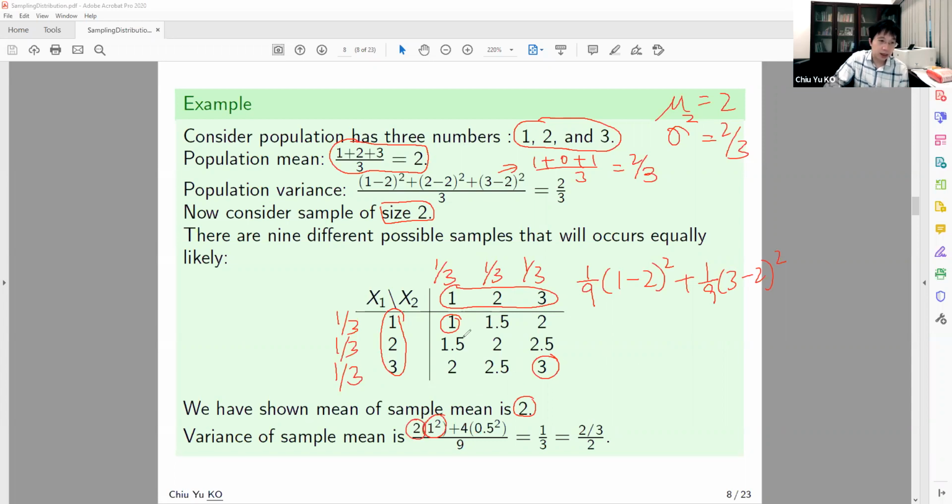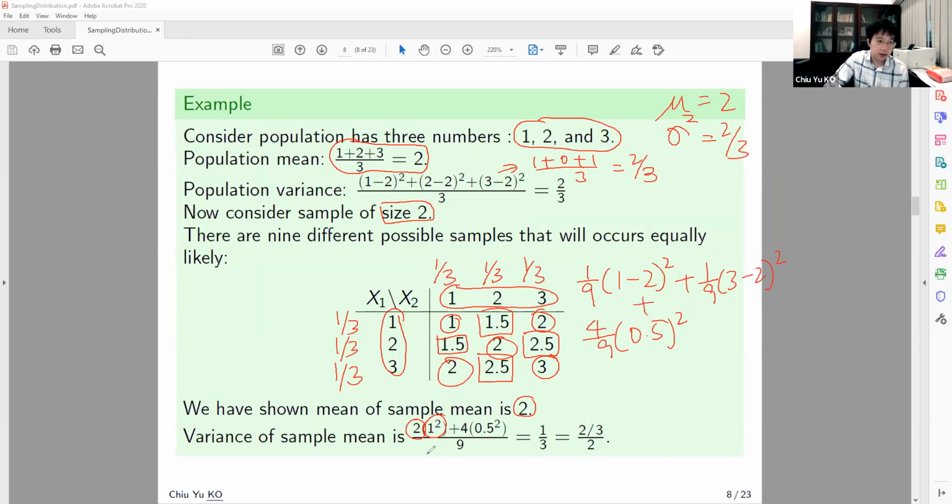And then you notice that the difference from 2 is 0.5. Actually, there are 4 of them, this and this. So that's why it's 4/9 times 0.5 squared. And then the 2 is the same, so you don't need to calculate. Add them all up.